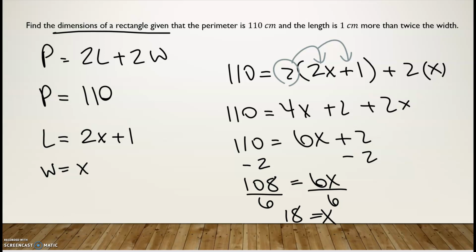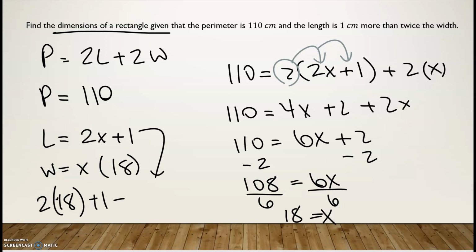So the width would be 18, but the length would be 2 times 18 plus 1. So that's going to be 36 plus 1, so 37. So the dimensions of the rectangle would be a width of 18 centimeters and a length of 37 centimeters.